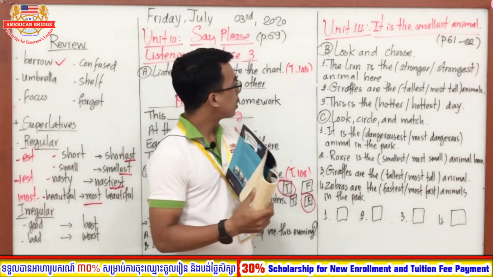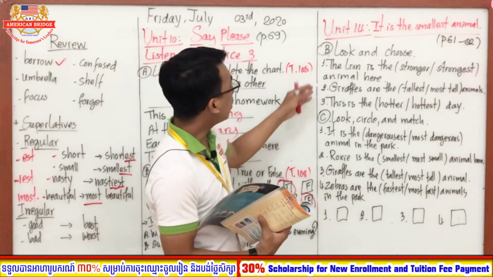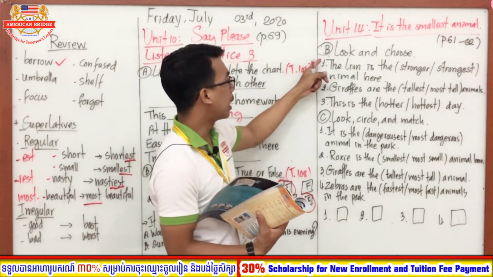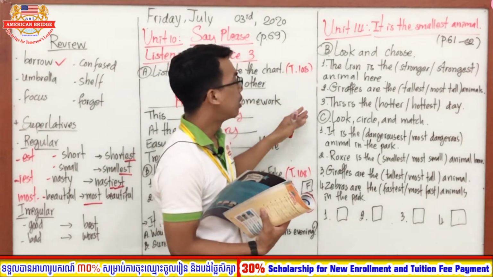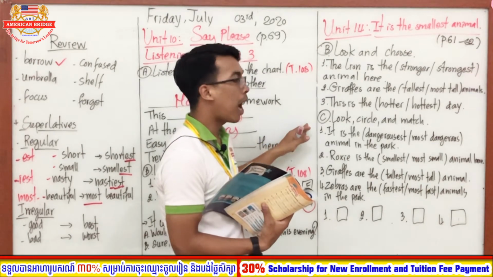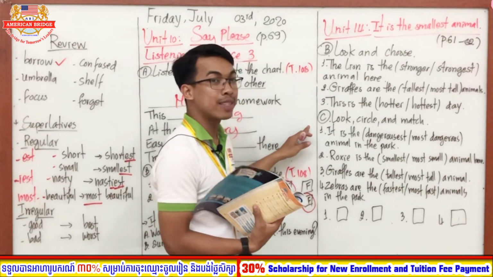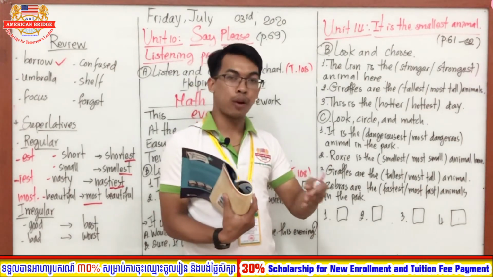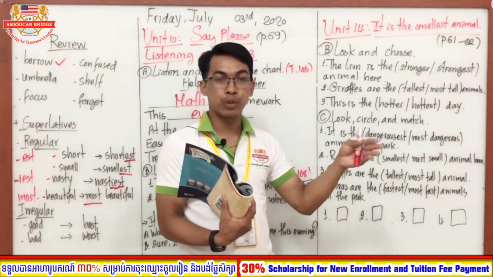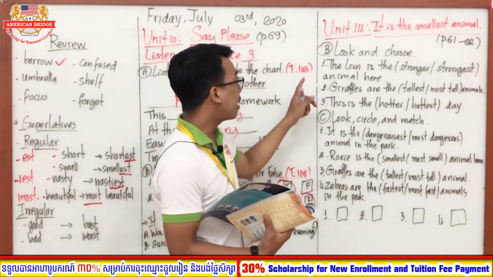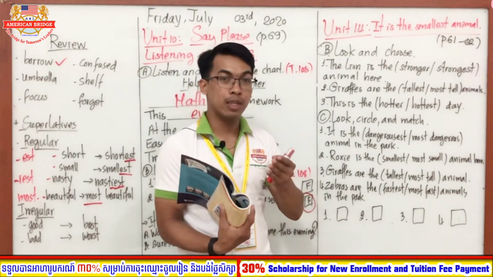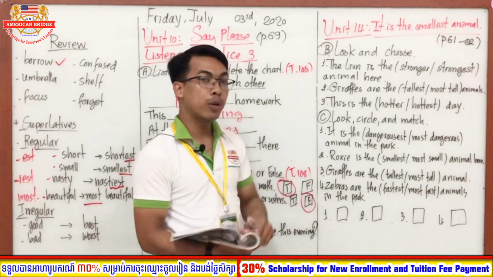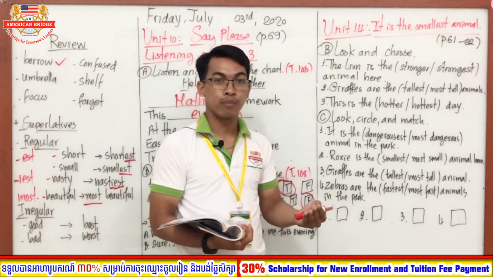Today we will practice two sections, section B and section C. Yesterday you learned the definition and the form of the superlative adjective. Now you will practice the exercise. After you learn, you have to practice. The more you practice, the more you know.